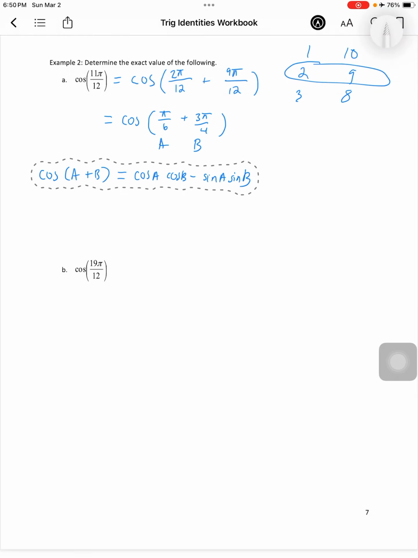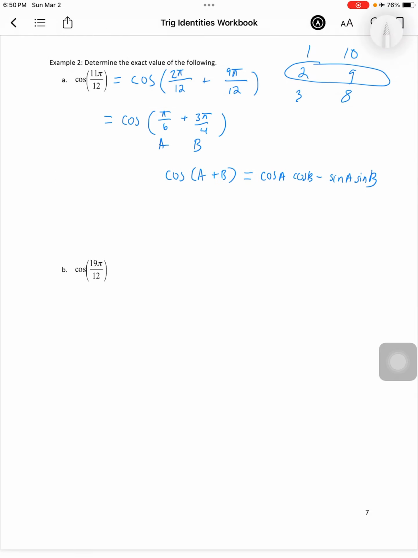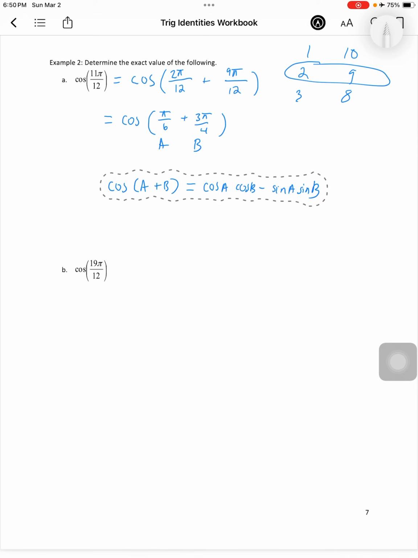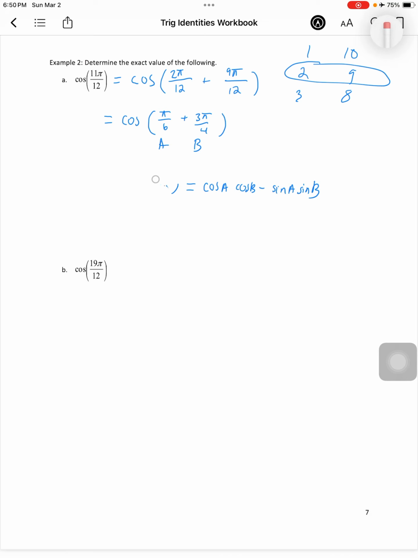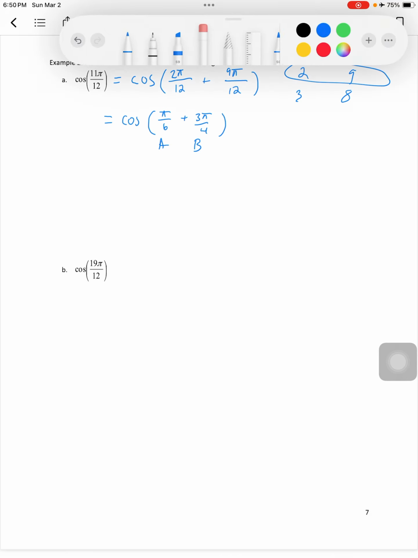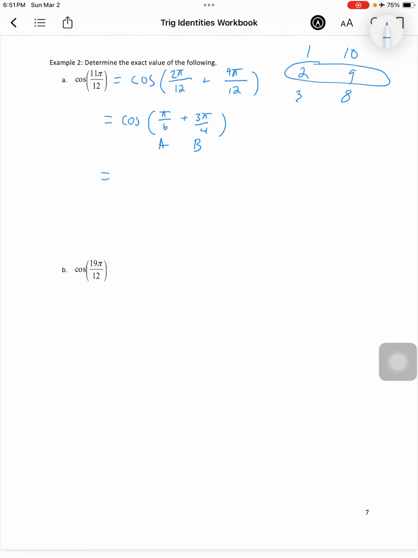I'm just going to move this to the side. Actually, I'm just going to delete it. You could keep it on the side of your page, but I'm just going to erase it just to save room. So here, we just plug it in.